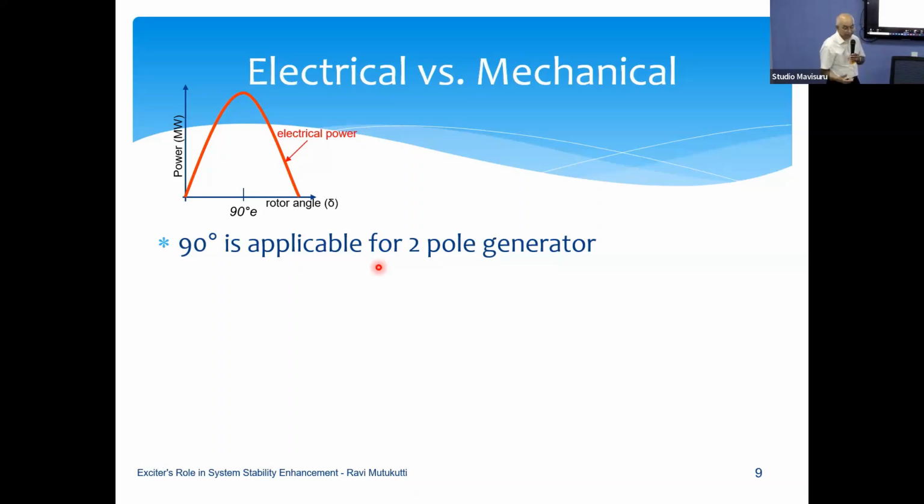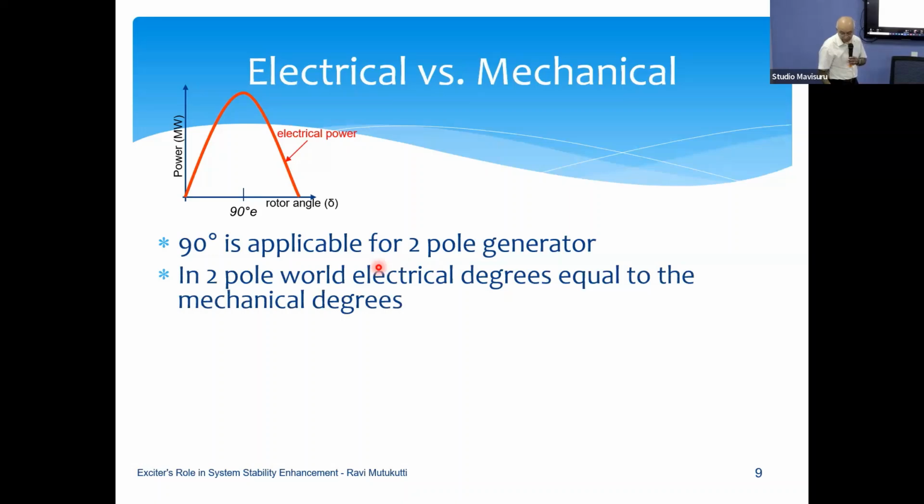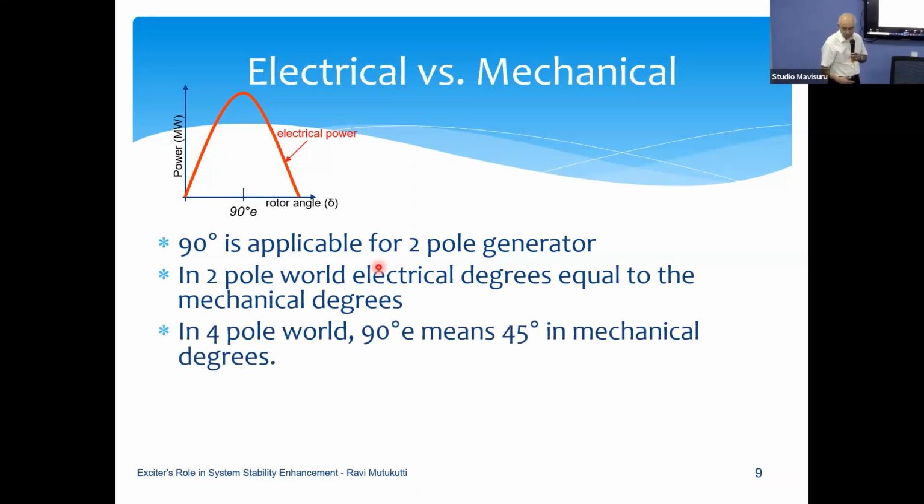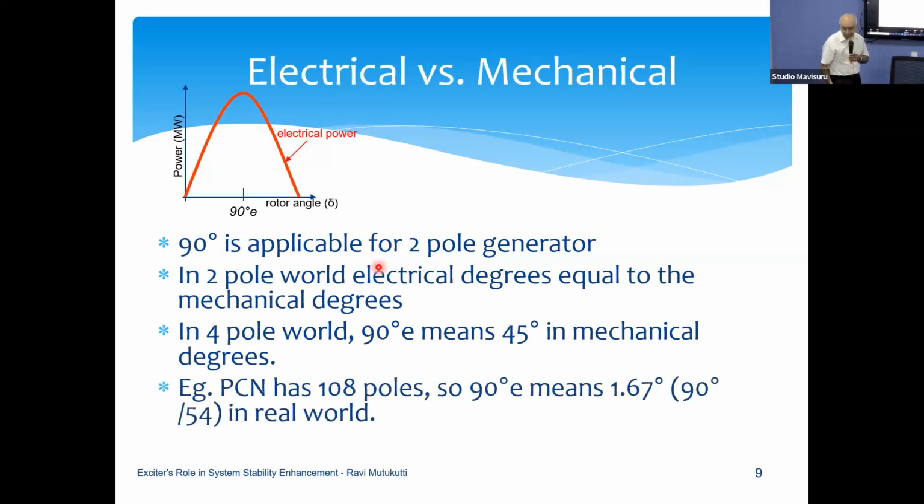If you have two poles, it's 90 degrees, but if you have four poles, it becomes 90 divided by 2, which is 45. Since I'm using the exact same presentation that I use in Canada, we have a generating station called Peace Canyon, which most people in the province know. I take it as an example: that generator has 108 poles around the rotor to make the speed smaller.